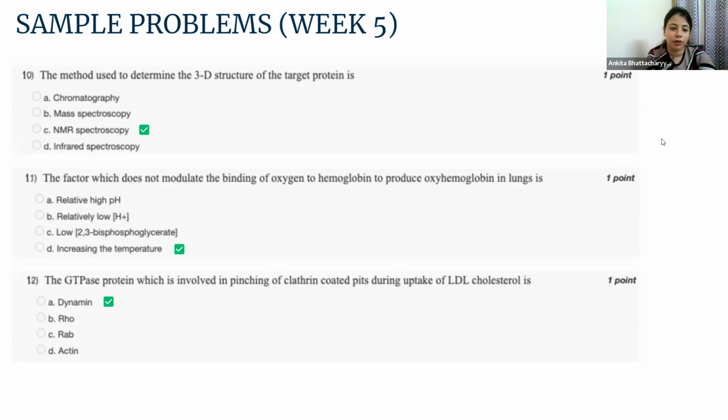Nuclear magnetic resonance spectroscopy. It's actually used to study proteins in their native environment, in some sort of aqueous solvent as well. So that's what it is used for. That is a technique that gives us the 3D structure, but the other options are not actually used for the same.